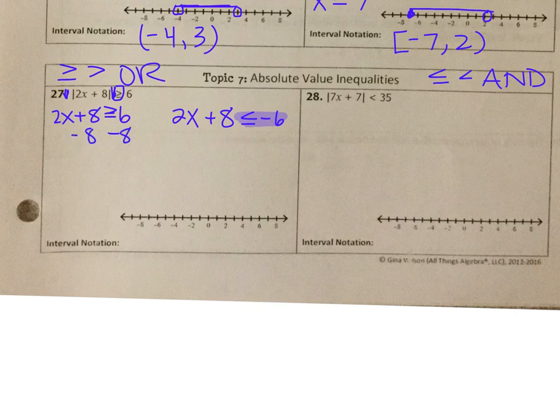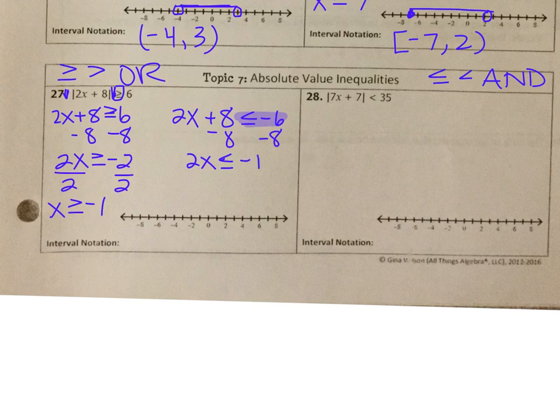So I'm going to subtract 8. 2x greater than or equal to negative 2. So x is greater than or equal to negative 1 on that side. 2x less than or equal to negative 14. So on this side, I have x less than or equal to negative 7.